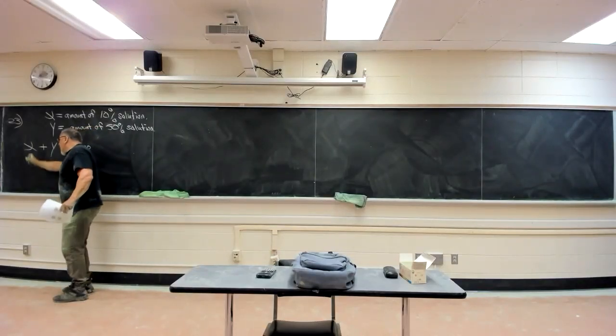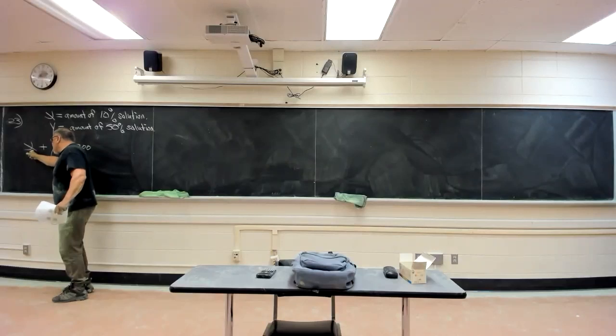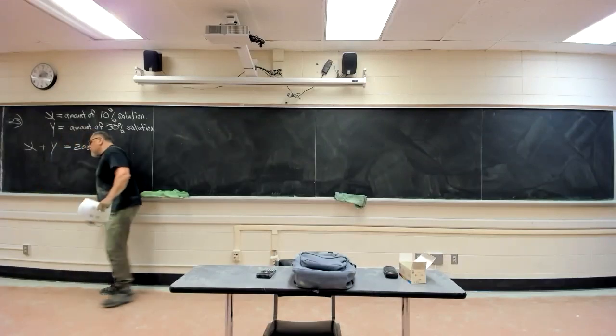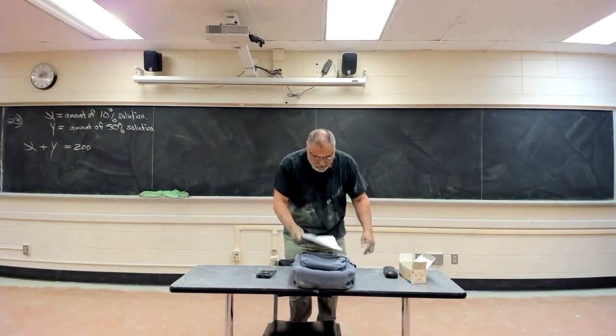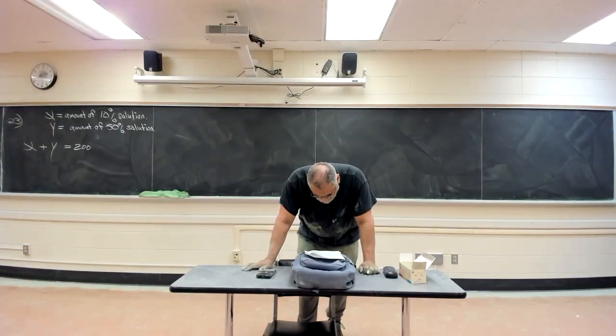You will take X amount of 10% solution and Y amount of 50% solution. In total, the new solution will be 200 milliliters big, 200 milliliters of volume. You want a 40% solution at the end of it.